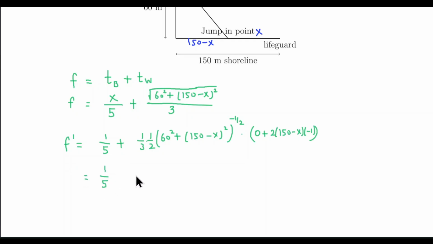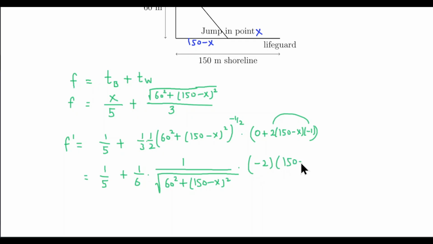So 1 over 5, and then this is 1 over 6, and then this is just 1 over the square root of 60 squared plus (150 minus x) squared. And remember, this is negative 2, so negative 2 times (150 minus x).